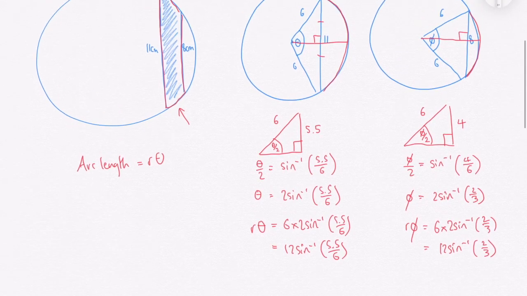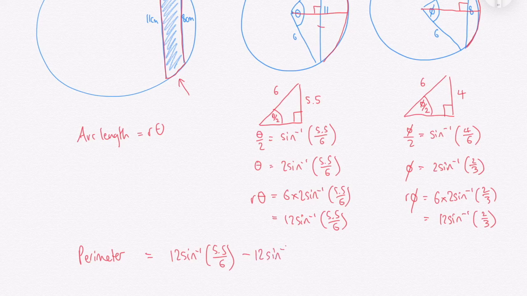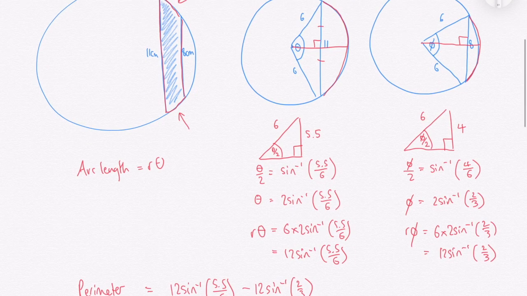Now, to find the total perimeter, we need to subtract the smaller arc from the larger one. So the perimeter is going to be equal to 12 sine inverse of 5.5 over 6, subtract 12 sine inverse of 2/3, and then we just need to add on the 11 centimetres and the 8 centimetres, so plus 11 plus 8.